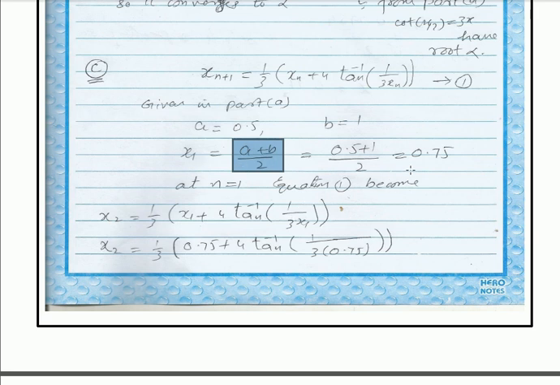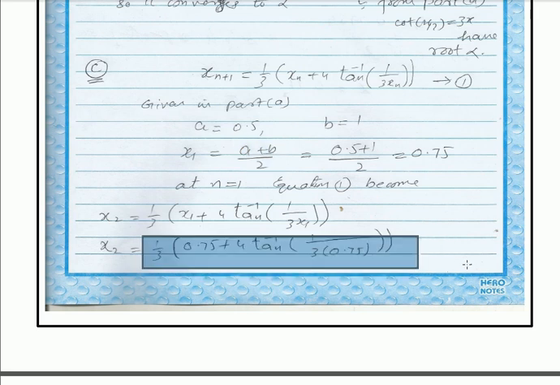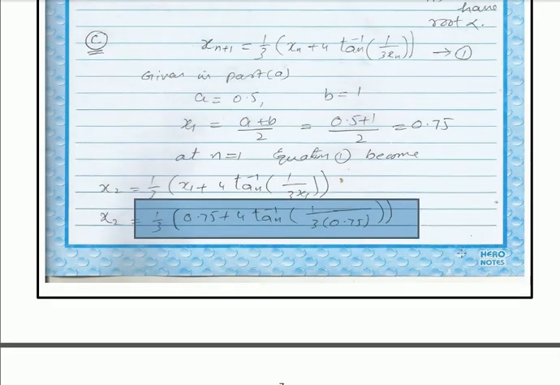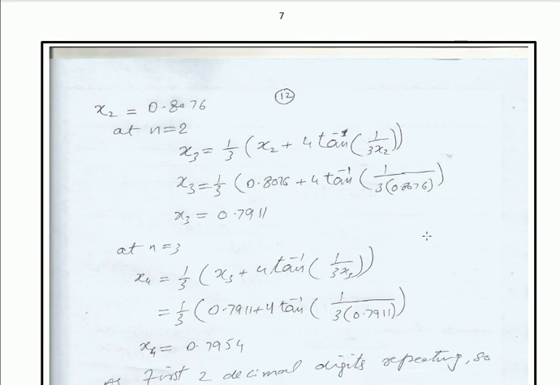As x1 is equal to 0.75, by putting the value of x1 in the equation, after simplification, we shall get x2 equal to 0.8076.